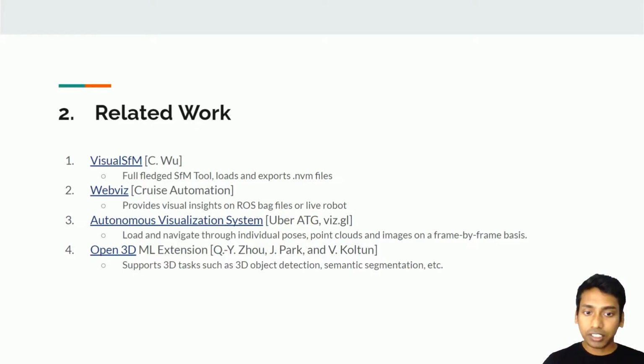Autonomous Visualization System, or AVS, can load trajectories and navigate through individual poses, point clouds, and images on a frame-per-frame basis. Open3D and its recent ML extension edition supports visualizing data and results for common 3D tasks such as object detection, semantic segmentation, etc.